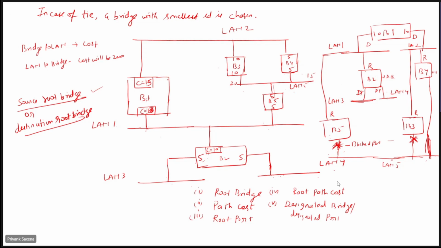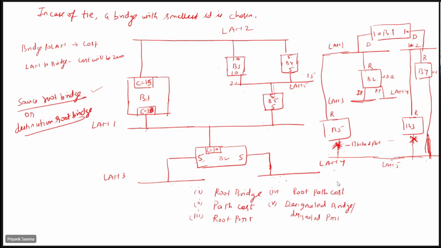When I'm moving from bridge B1 to LAN 4, the cost is 10 plus 5, 15. But when I'm moving from LAN 4 to bridge to this LAN 2, what will be the cost? 10 plus 15, 25. So the cost is different.